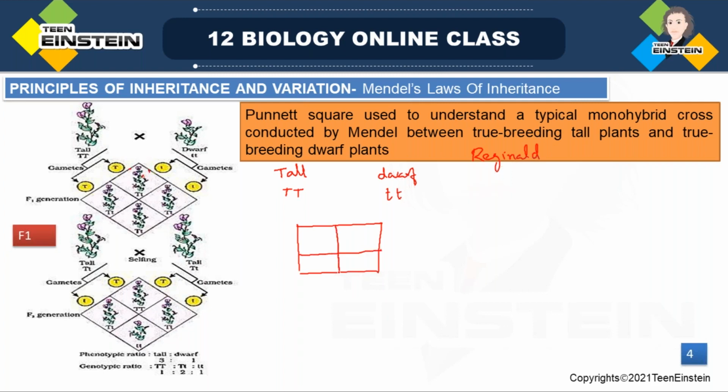From this, which gametes will form? Capital T, capital T. And from this, which gametes will form? Small t, small t. These are gametes, so you should write them in this way.